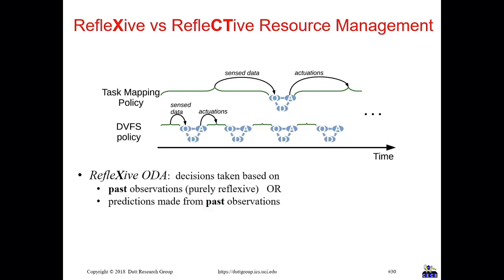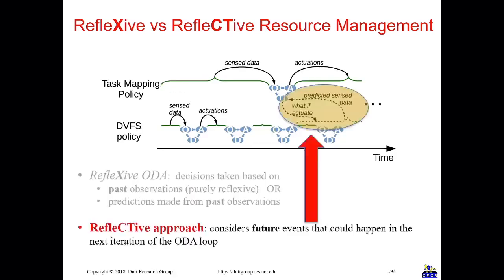This is as opposed to the reactive, the reflective approach, where you might actually do a what if, where you model some actuation, and then you see what the effect of that is, and then based on that actuation, you would actually do things to try and decide what to do in the future. So these two loops should perform in parallel.